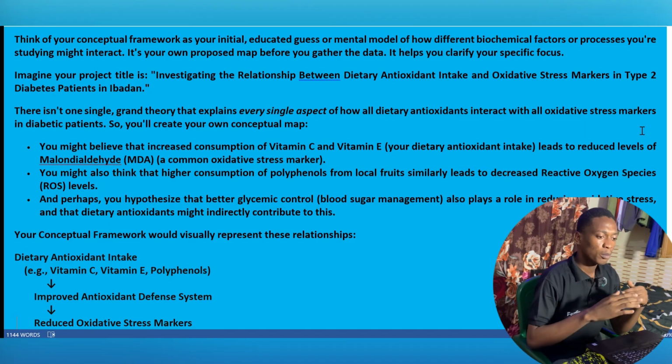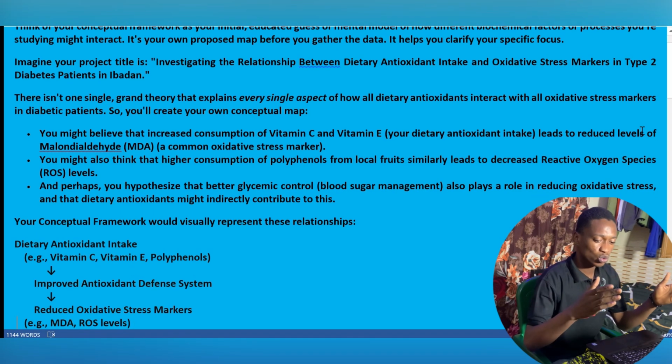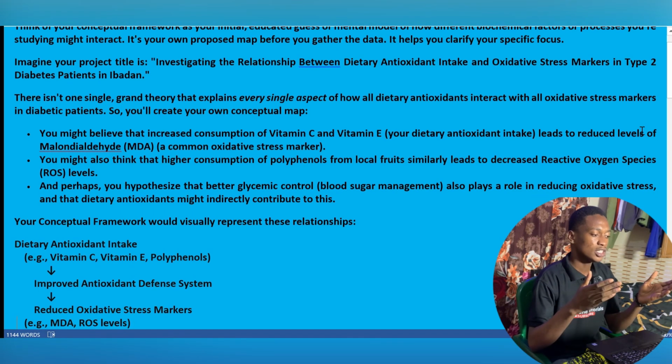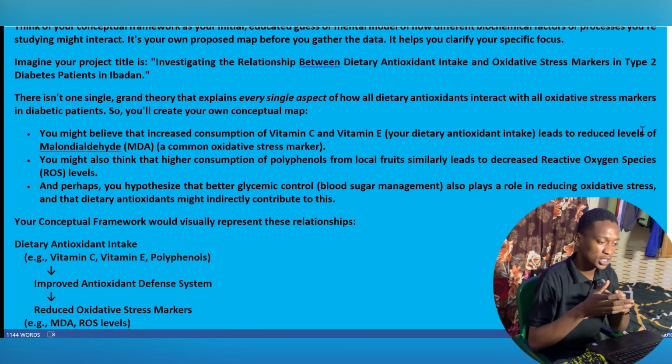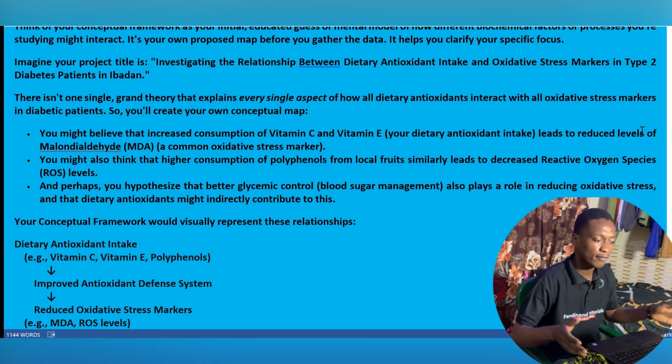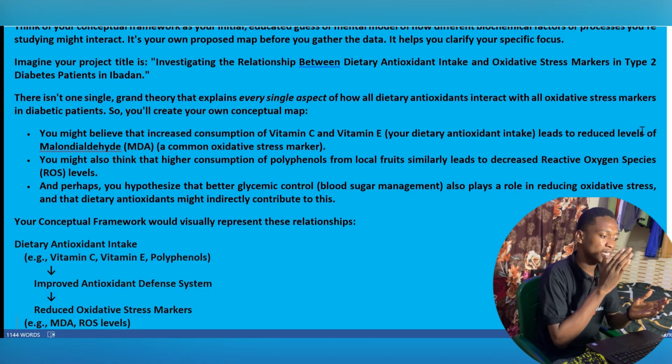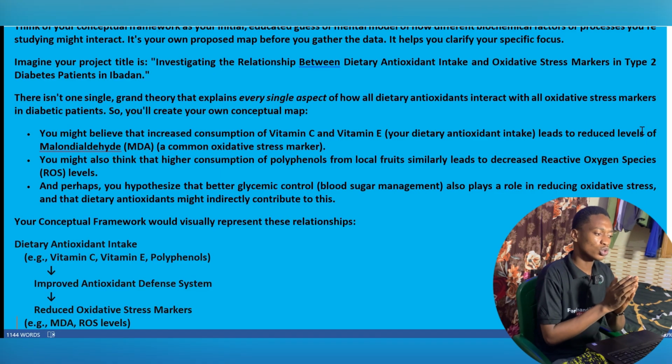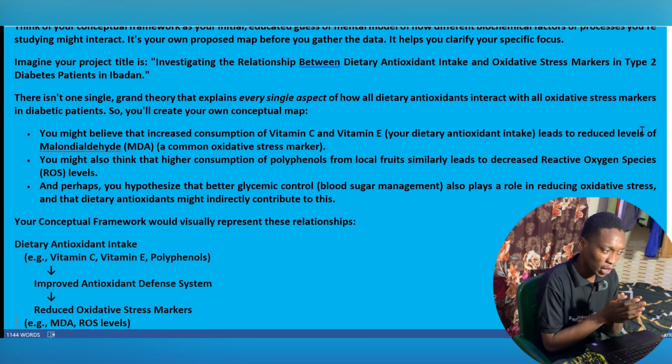Before you even start gathering data, this is where you do your background study. This is where you focus more. The conceptual framework is more like you trying to use the concept to explain whatever you have in mind, not doing any review, not looking at different literatures. No, that's not what we are talking about here. In your conceptual framework, it's just the first step that you're going to take.